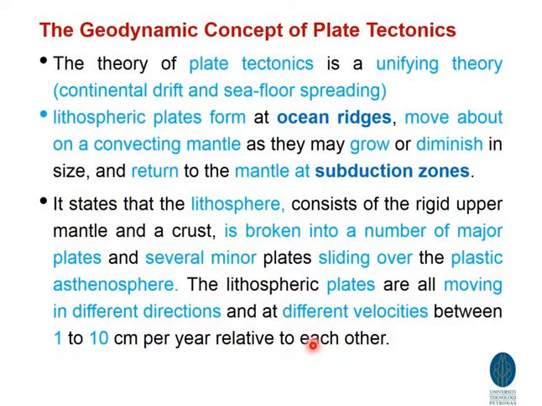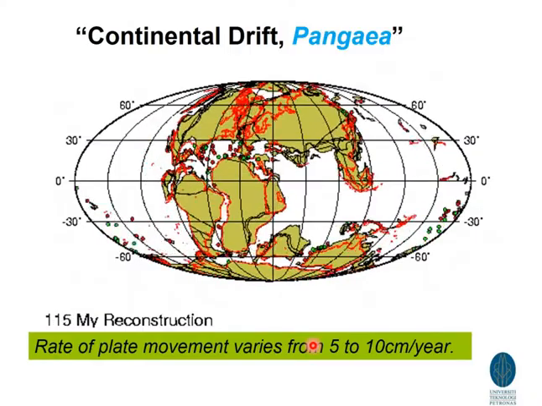Continental drift says that the lithosphere, which consists of the rigid upper mantle and a crust, is broken into a number of major plates and several minor plates sliding over the plastic asthenosphere. The lithosphere plates are all moving in different directions and at different velocities between 1 to 10 cm per year relative to each other.